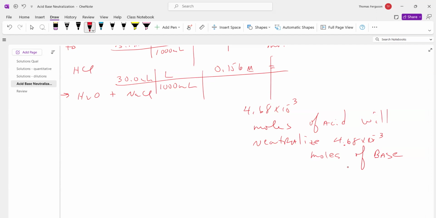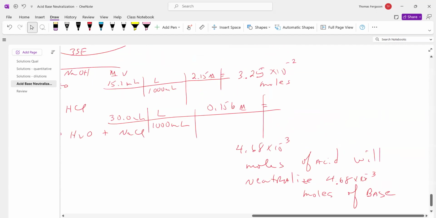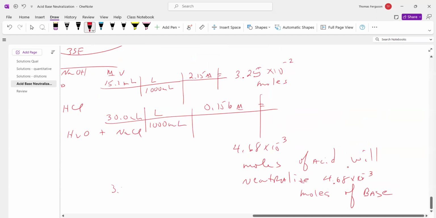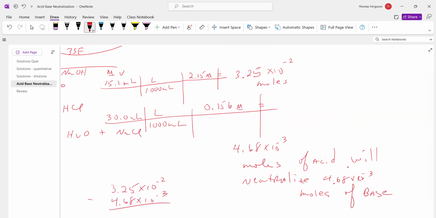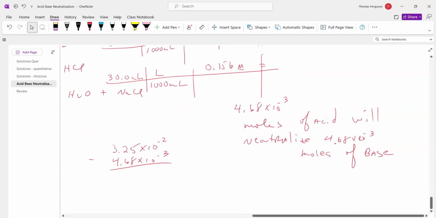So now we're going to subtract. Has everyone seen why we're subtracting? Subtracting that 4.68 from the 325 is because this is going to completely neutralize 4.68 of that.